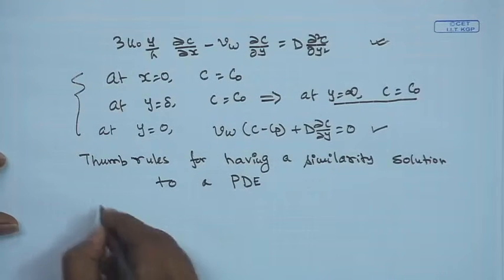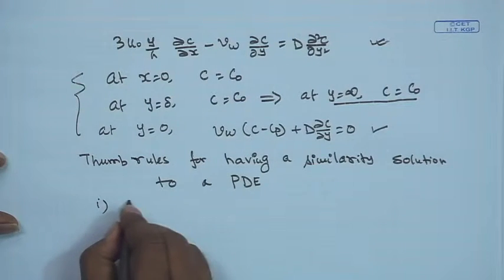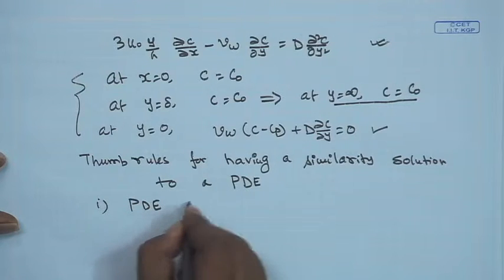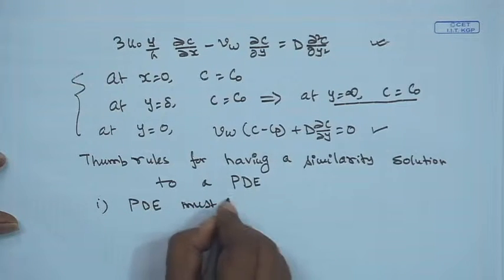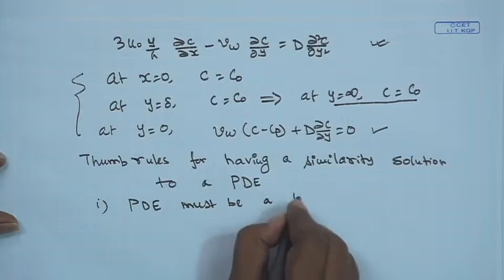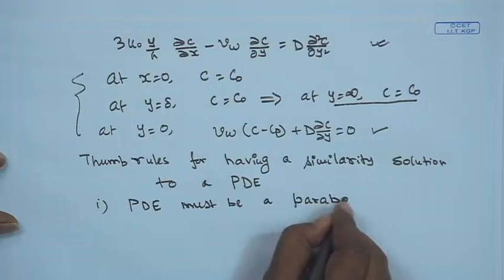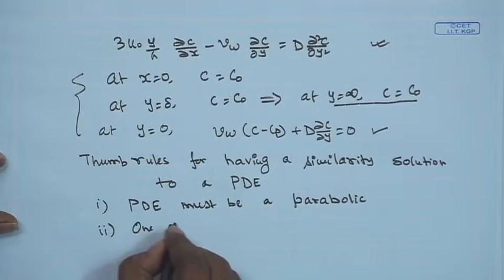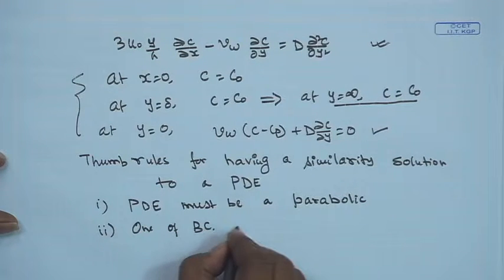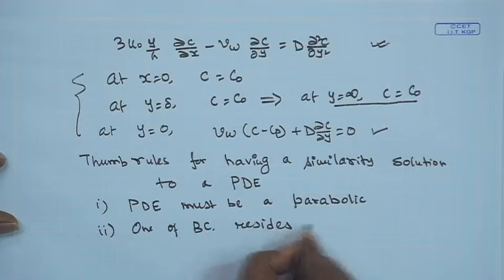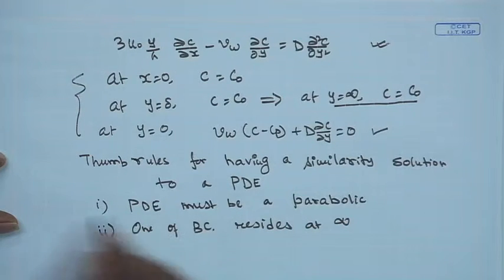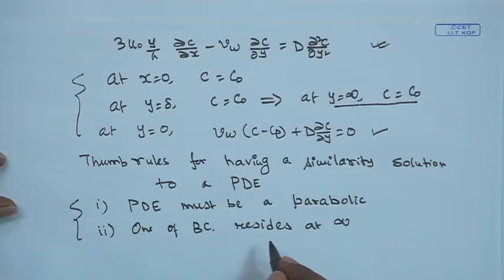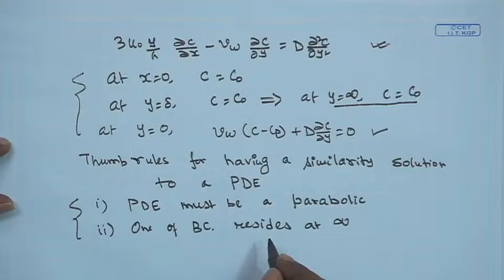These are, first, the PDE must be a parabolic one, and second, one of the boundary conditions resides at infinity. If these two thumb rules are met, then this governing equation may admit a similarity solution.